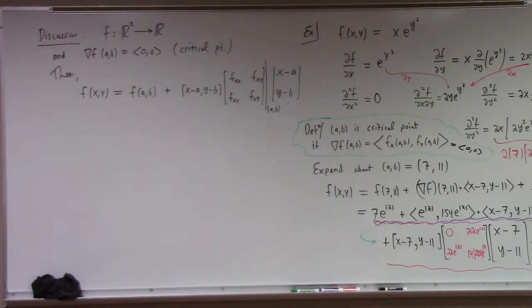But this is a symmetric real matrix, right? So there exists some similarity transformation that diagonalizes it.